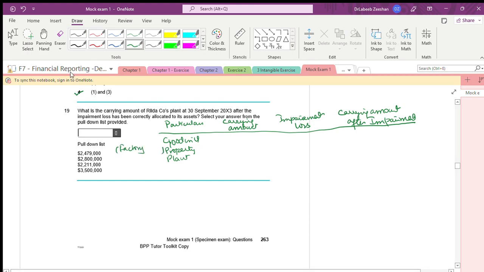Factory, we will remove this. Why should we add something which is not there? This is the factory building. And the next one is plant. And the last one is cash and receivables.